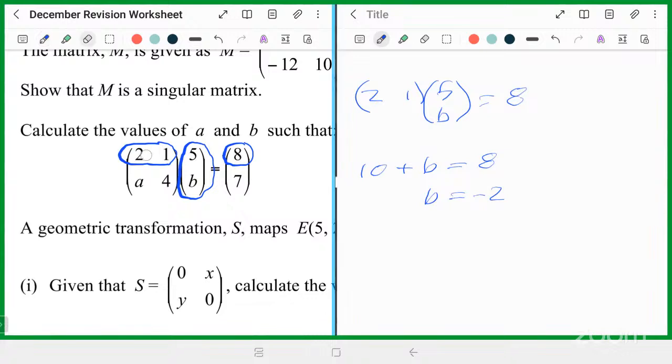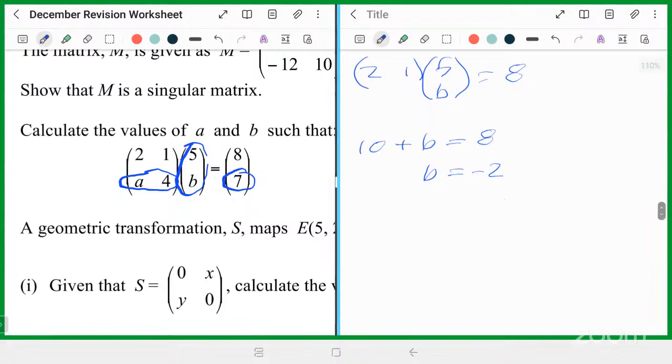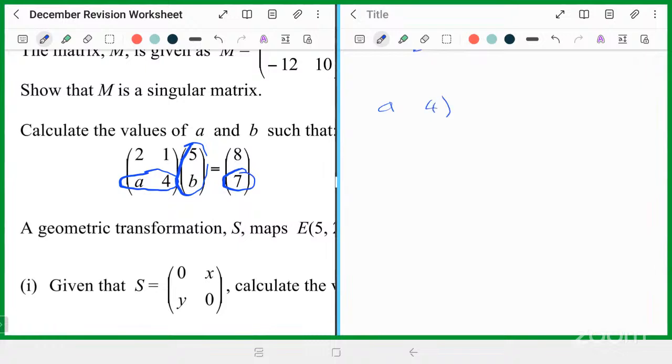And then now, to get the a, this 7 is equal to this second row times this one column. And so we can set that up again. The a, 4 row times the 5, b column, but we know the b is negative 2, so we can in fact put the negative 2 here. That now is equal to the 7.